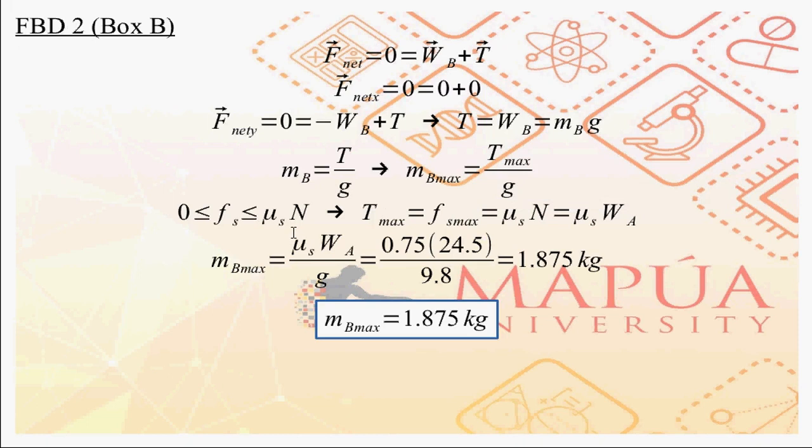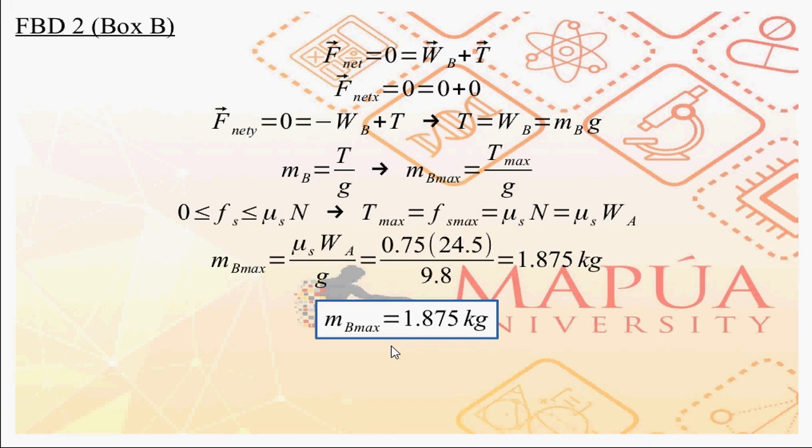So the maximum value of tension is the maximum value of static friction, mu s N, and we know N to be the weight magnitude of box A. So plugging this into the equation for mB max, you have mB max is equal to mu s weight A divided by g. Plugging in the values, we are able to calculate mB max to be 1.875 kilograms.